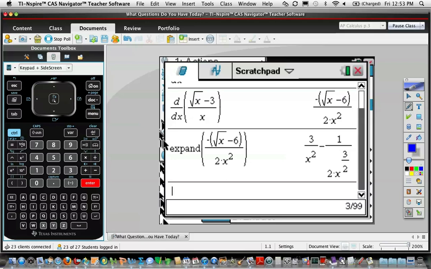So let me show you something else you could do. And this is probably what I would choose to do. I would just go ahead and type in what I got. I'm just going to go 1 divided by 2. Whoops, that was negative.